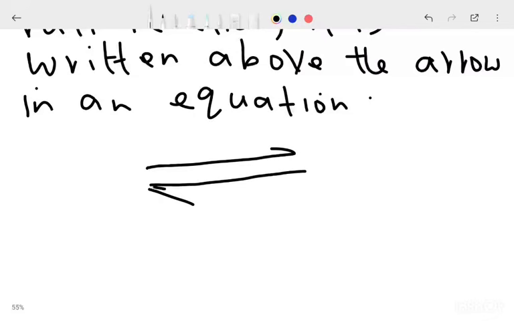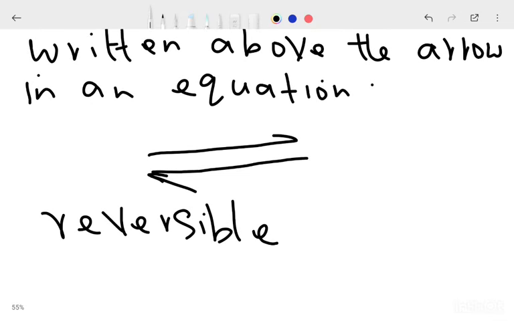The one going forward is the forward reaction, while the one pointing back refers to the backward reaction. The combination of forward and backward reaction is a reversible reaction, meaning it can go forward and also come back.